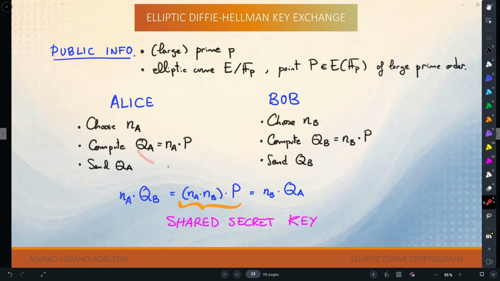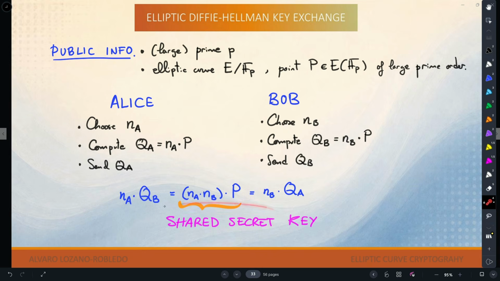Then QA is sent to Bob, and QB is sent to Alice. And now they can compute a secret key: if I multiply the point of Bob, or the point of Alice, by my secret key, because this is a group, we actually get NA times NB times P.